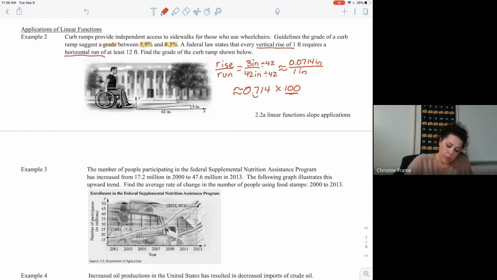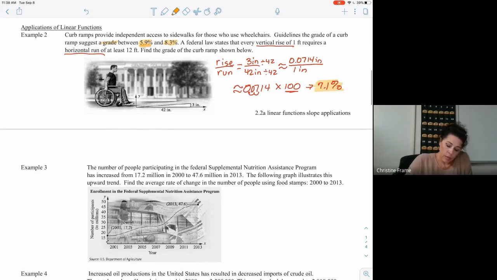That just moves the decimal 2 places. And so that would be 7.1%. And we're going to stop at 0.1 because in the problem here, the degree of accuracy was to the nearest 10th of a percent. And so that is your grade for that specific ramp.